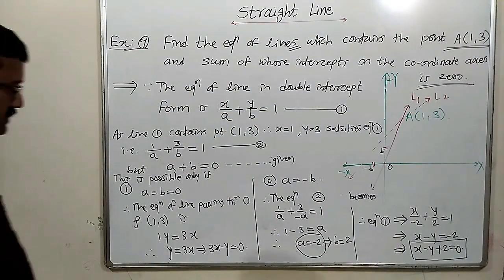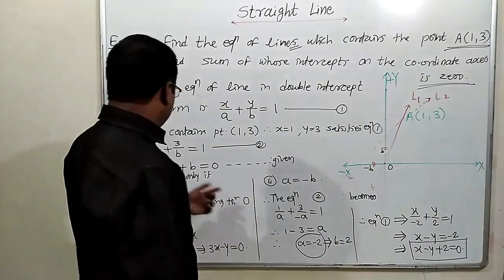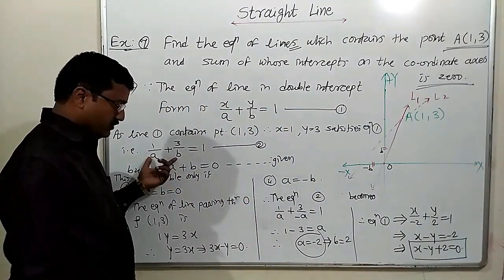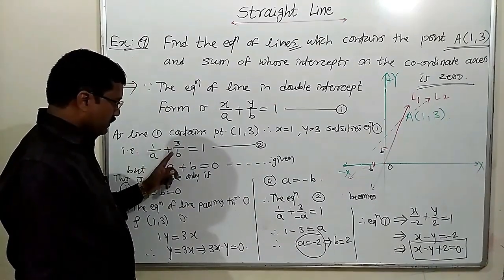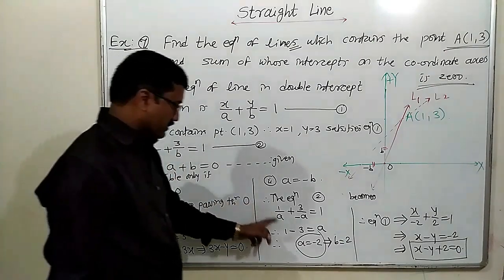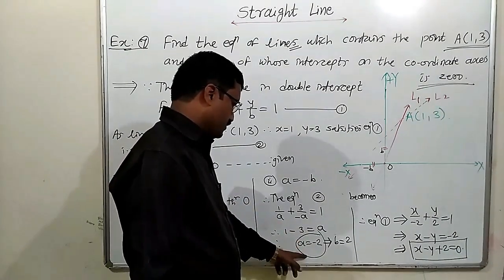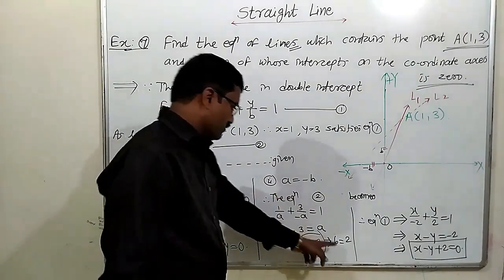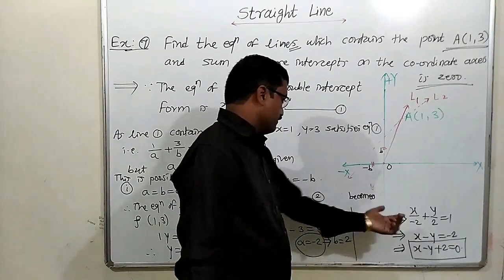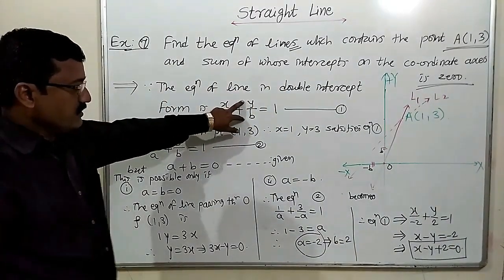Okay, once again see the second case. With a equal to minus b, we will put that a equal to minus b in this equation 2, so that we get 1 upon a plus b upon minus a, that is equal to 1. From that we get the value of a, that is equal to minus 2. If a is equal to minus 2, obviously b is equal to plus 2. So put these two values in equation 1, x upon minus 2 plus y upon 2 equal to 1.